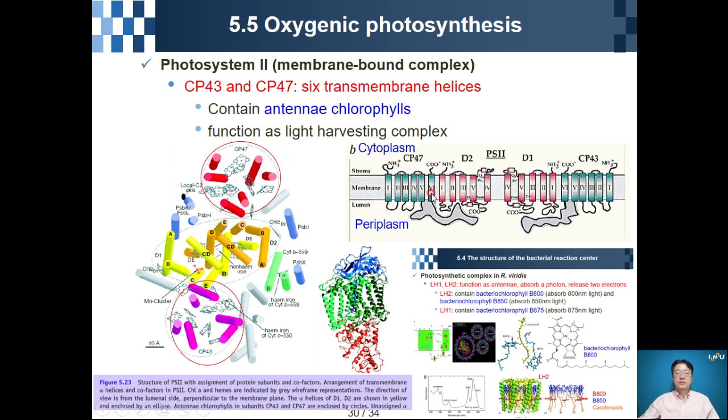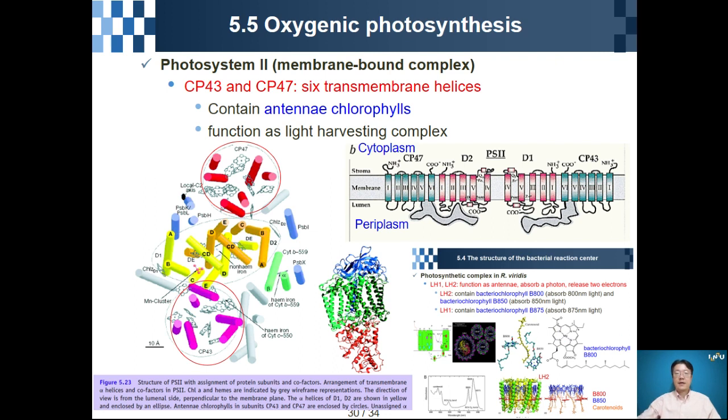Okay, so they contain 6 transmembrane helices, from 1, 2, 3, 4, 5, 6. And also they contain chlorophyll, the antenna chlorophyll. Previously we learned that in the light harvesting complex in bacteria, they have the antenna chlorophyll which can harvest the light.